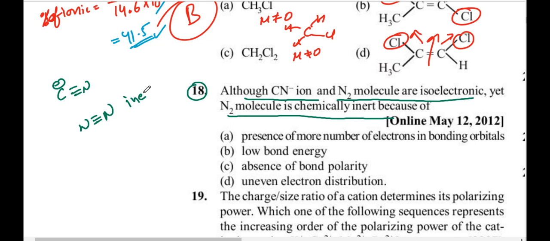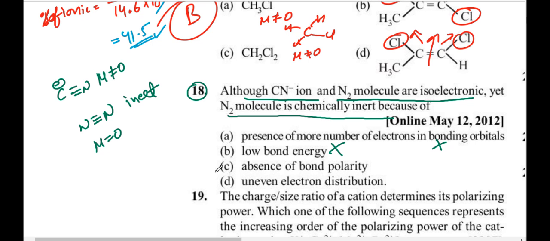CN minus is more active. Why? The presence of more number of electrons in bonding orbital? No. Low bond energy? Bond energy is same. Absence of bond polarity? Yes, bond polarity. Here mu equal to 0, but here mu is not equal to 0. So absence of bond polarity.